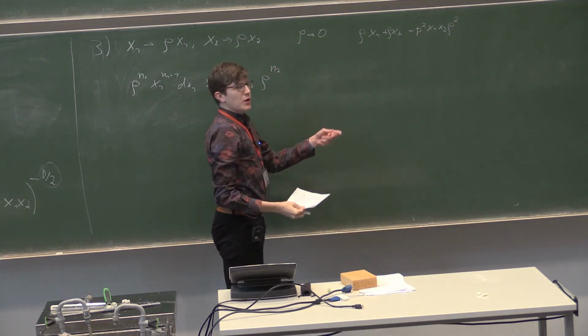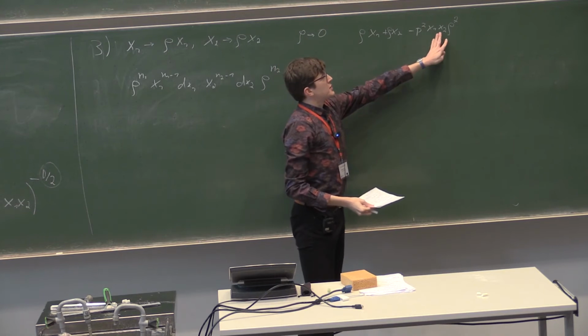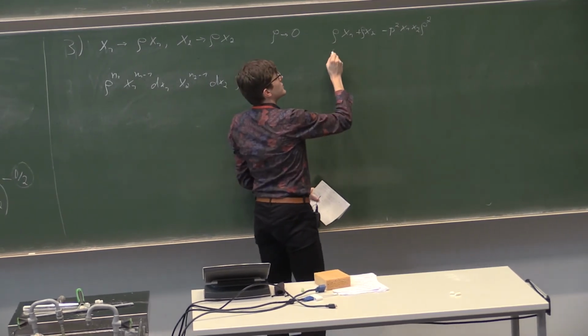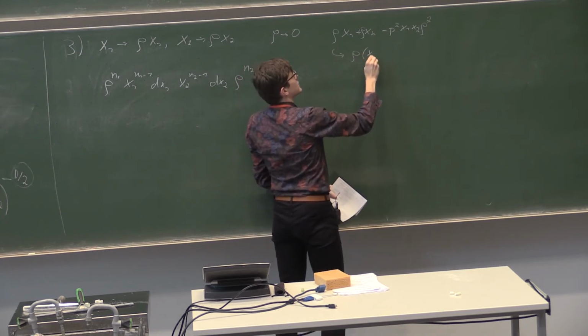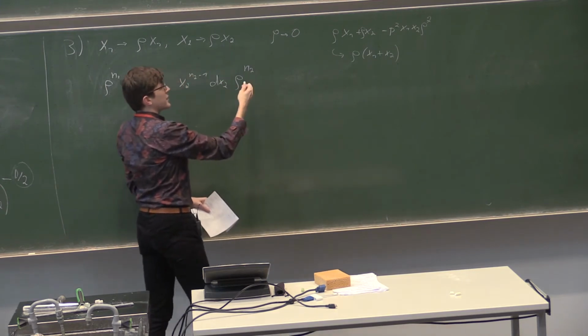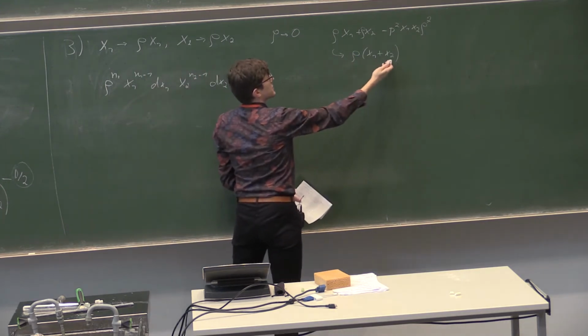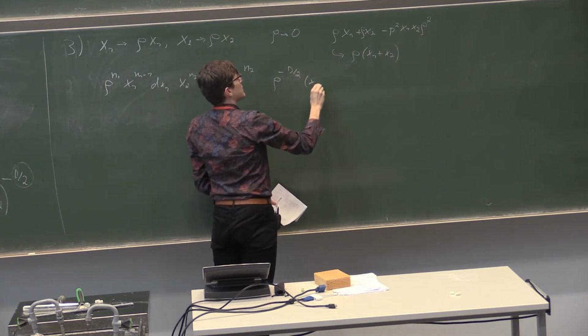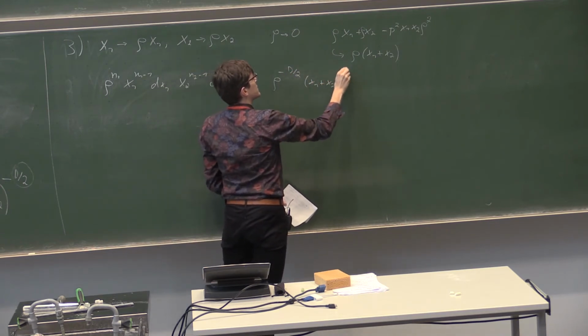But for very small rho, this is vanishingly small compared to the terms with rho, right? So for very small rho, this just becomes rho times x1 plus x2. So for very small rho, the integrand just becomes x1 plus x2 to the minus d over 2.